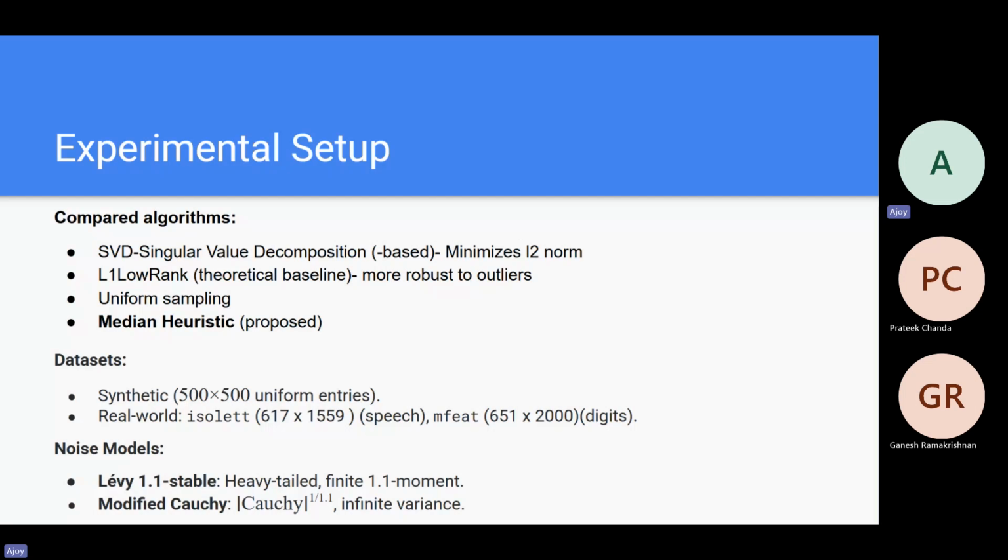There are two noise models: Levy 1.1 stable and a modified Cauchy. Cauchy and Levy have very heavy tails, and modified Cauchy has Cauchy noise reduced by an approximate power of 1 upon 1.1.